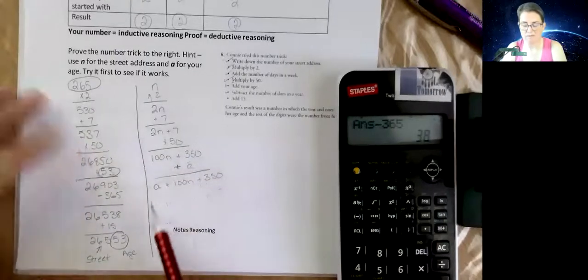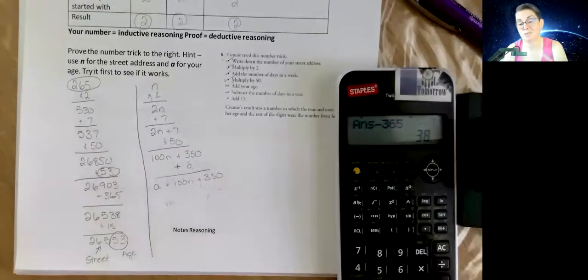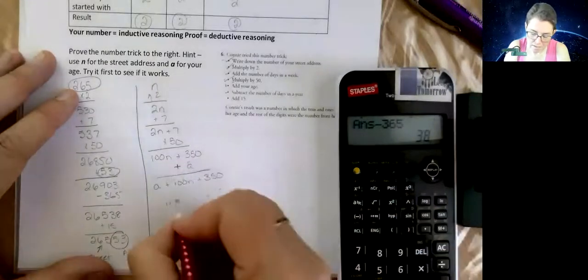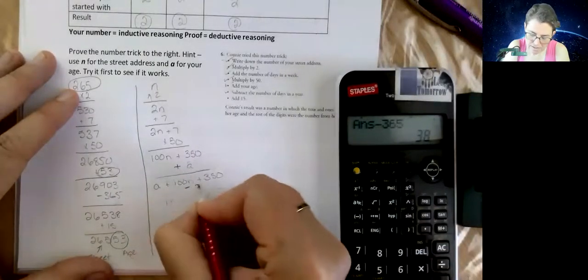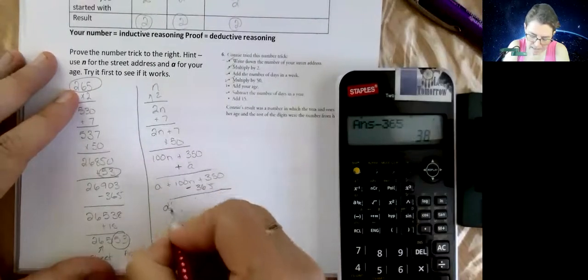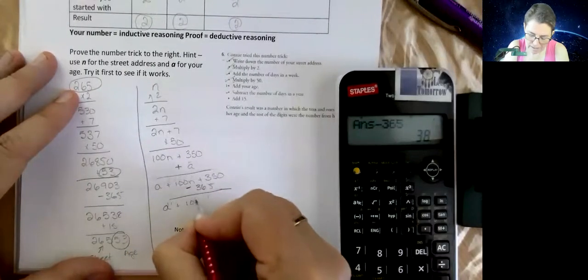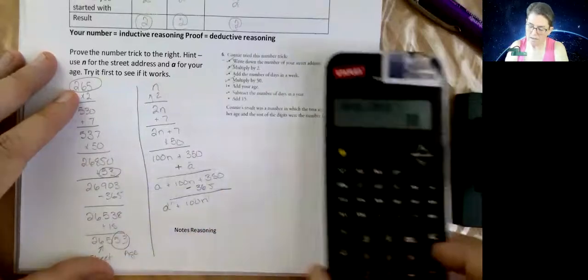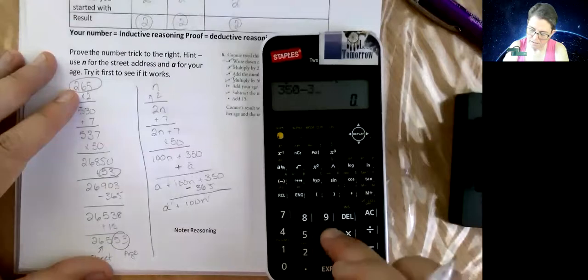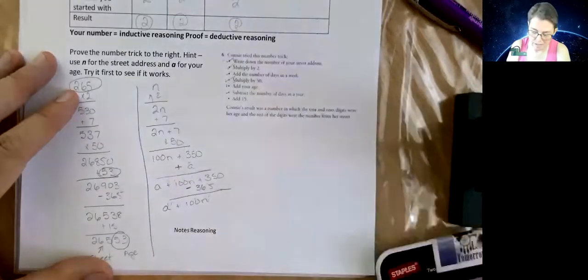I put the A up front just because when you have a bunch of variables, normally you put them in alphabetical order. Now we're going to subtract 365. I'm going to have A plus 100n and then 350 minus 365. That should be, yeah, minus 15.